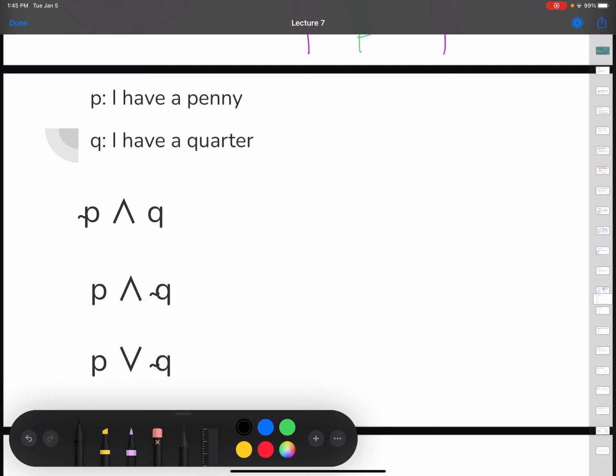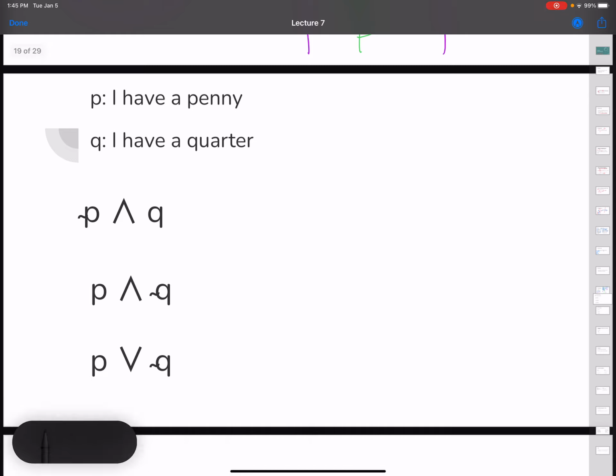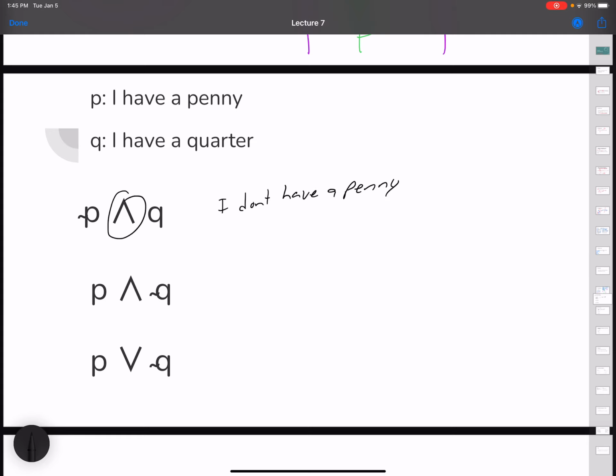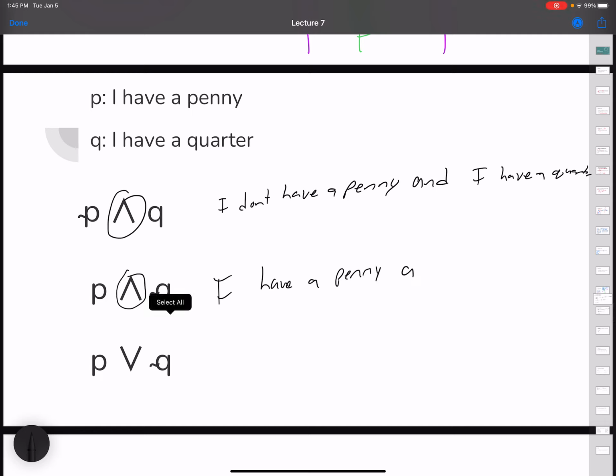If P is I have a penny and Q is I have a quarter, then not P is I don't have a penny, and I have a quarter. In the second case, we have P, which is I have a penny, and I don't have a quarter.